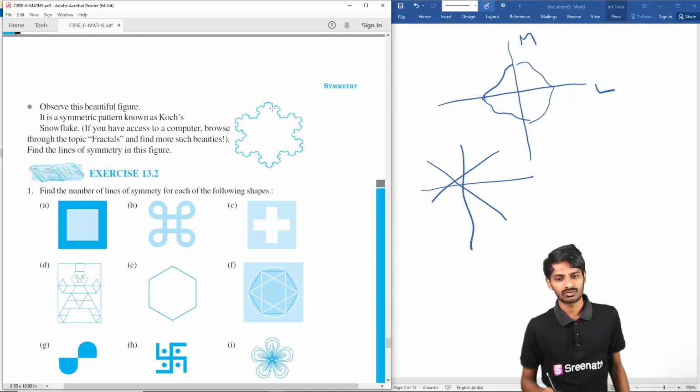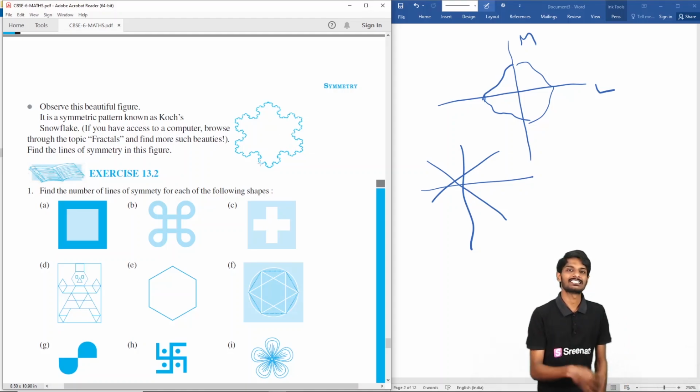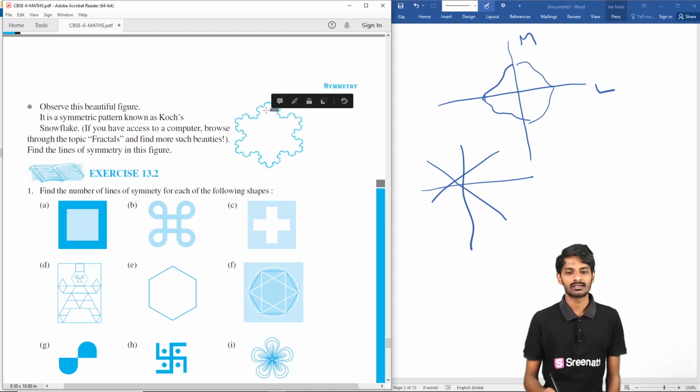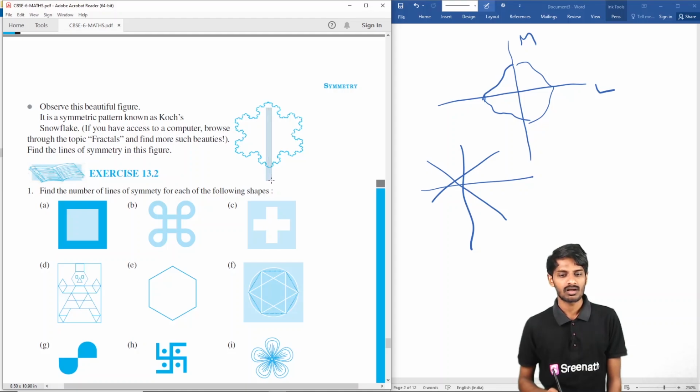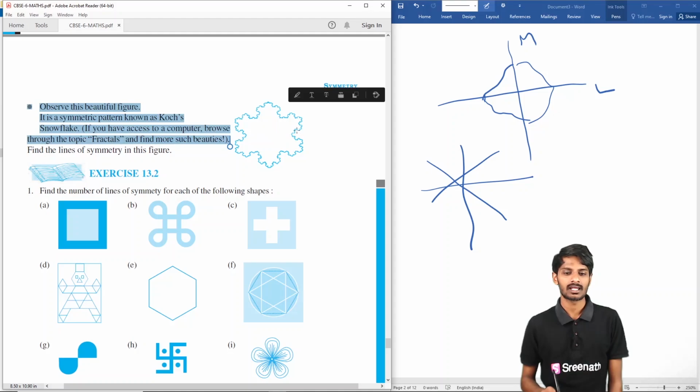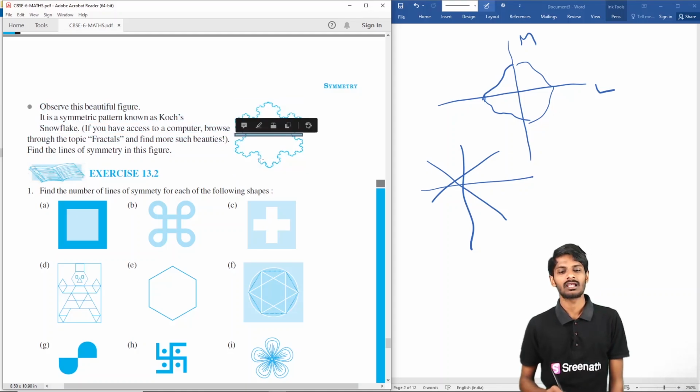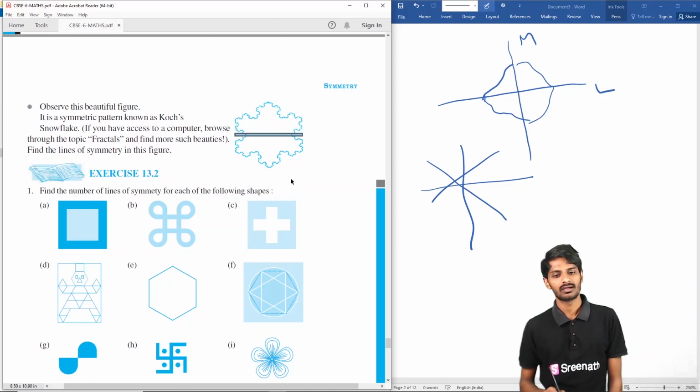So observe this beautiful figure. How many lines of symmetry does it have? If you see here, this is 1 line of symmetry, and you can draw this as another line of symmetry, this is another line of symmetry, and you can also draw this.